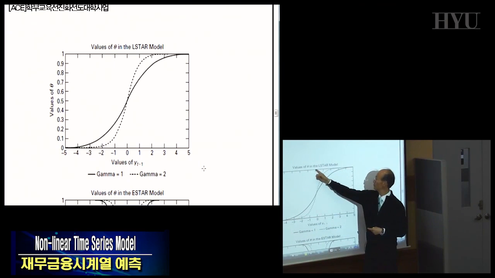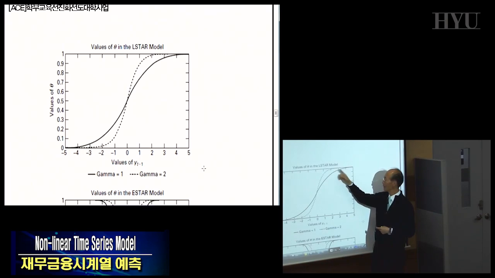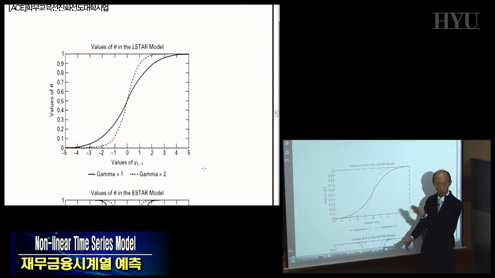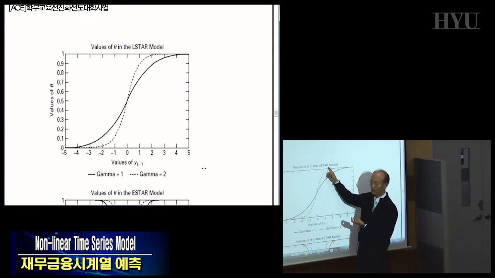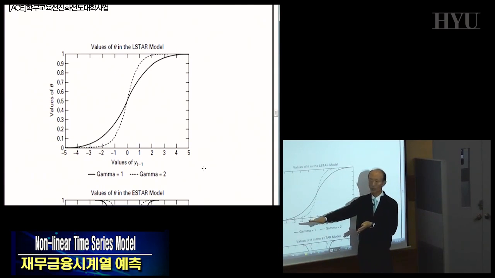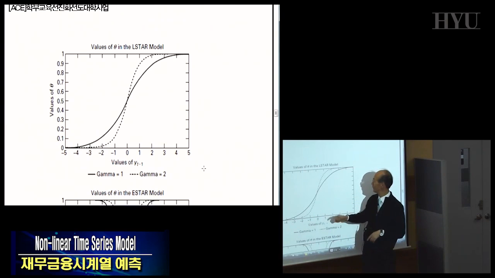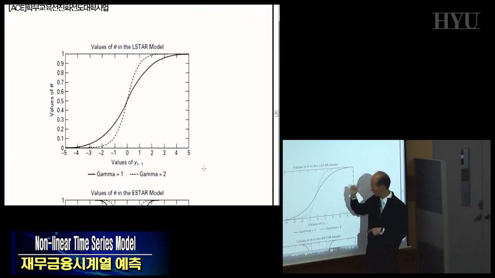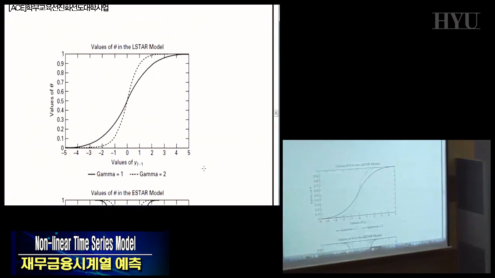Then other cases like this one or that one, the transition is sort of smooth. So the name star. When moving from one autoregressive process to another, if you pick this type of function as an f, then you are allowing smooth transition.